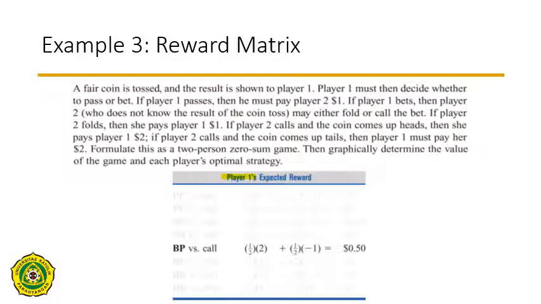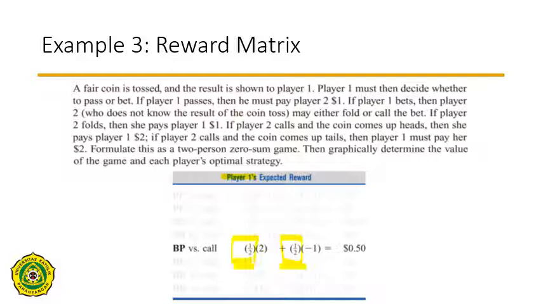The coin toss may come up head, it may come up tail. If the coin toss comes up head, then we have a certain reward. If the coin comes up tail, we also have a certain reward. Now the probability of the coin coming up head is a half, so this is this half that you see here, and this other half is the probability that the coin comes up tail. Okay, so we need to put these probabilities first.